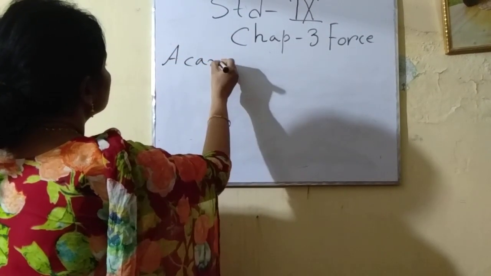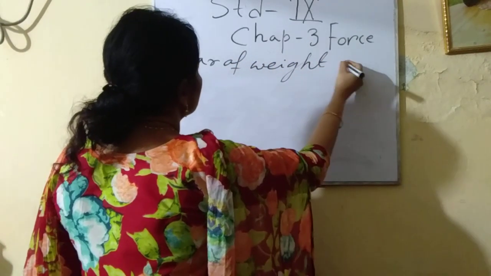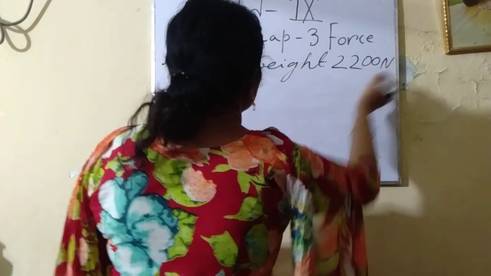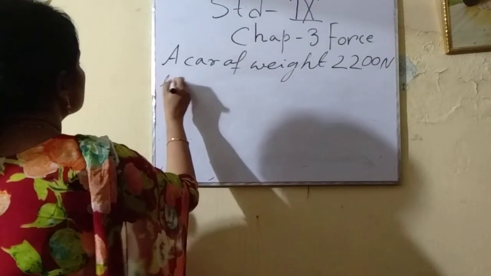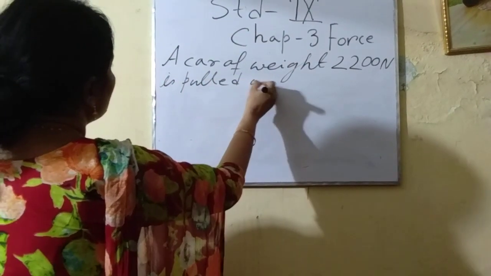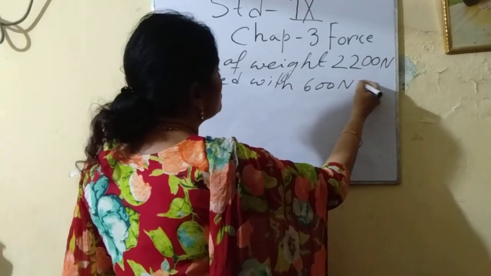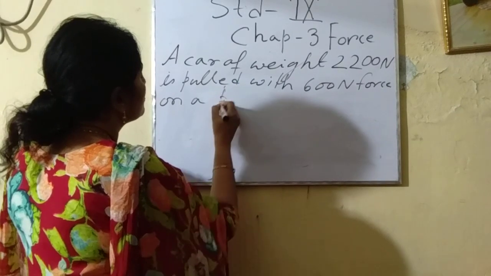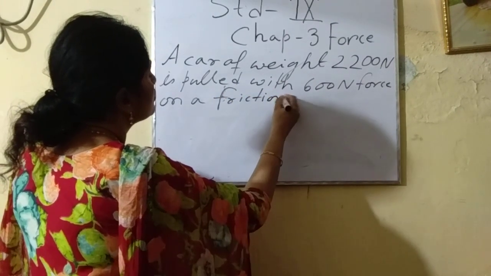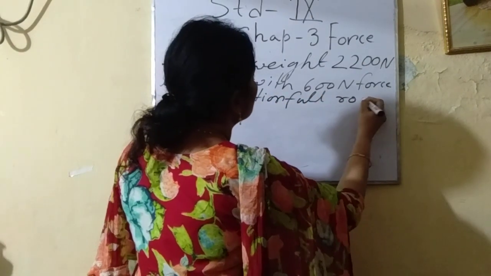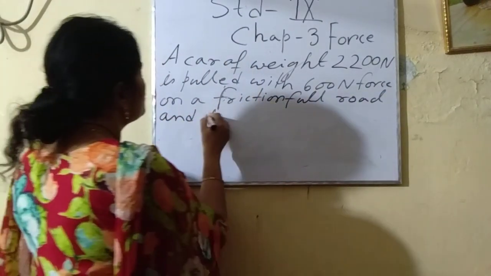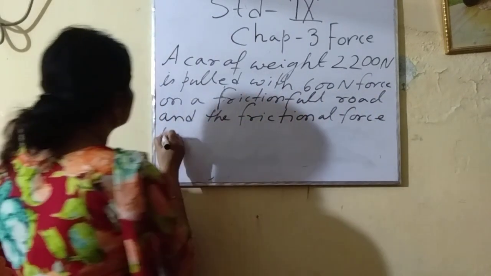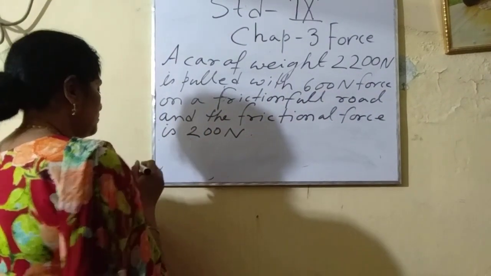A car of weight 2200 Newton is pulled with 600 Newton force on a frictional road, and the frictional force is 200 Newton.